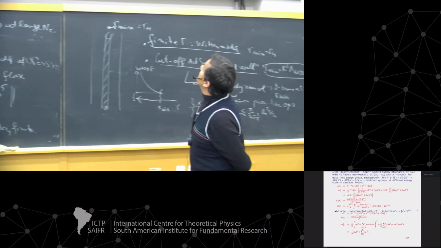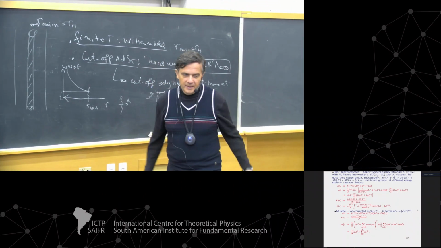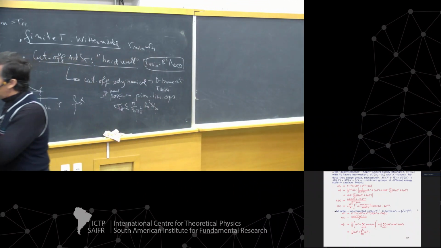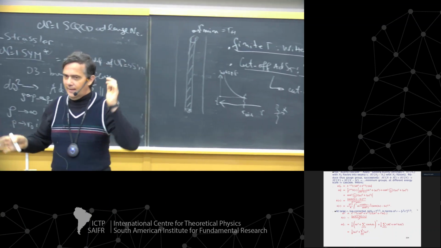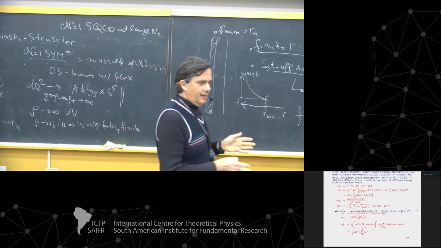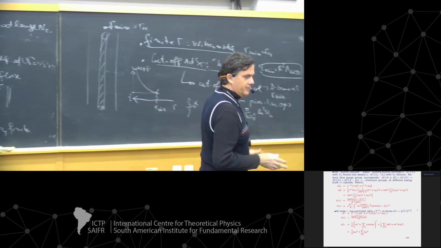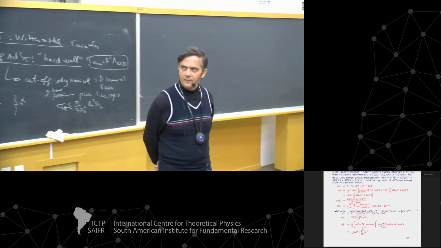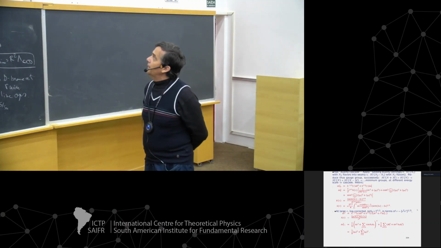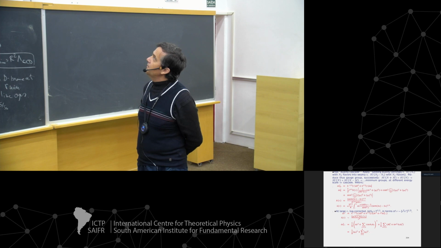So that means that this duality cascade means that at different energy scales, I have different effective gauge groups. And this time the solution is even more complicated. It's written there on page 204.